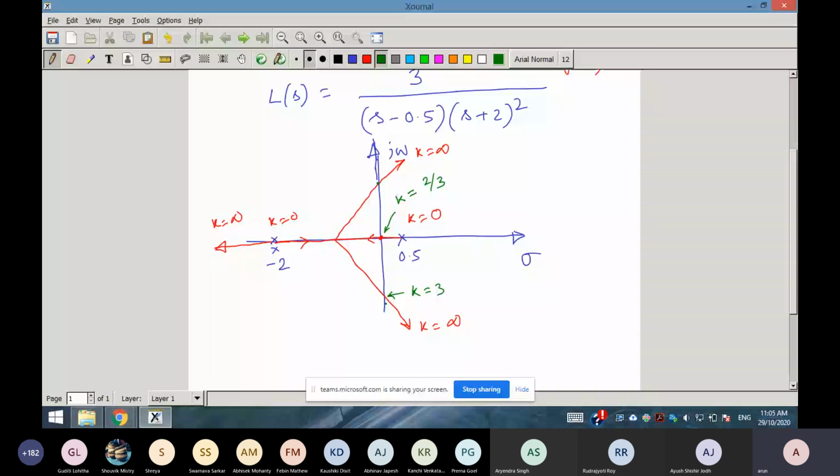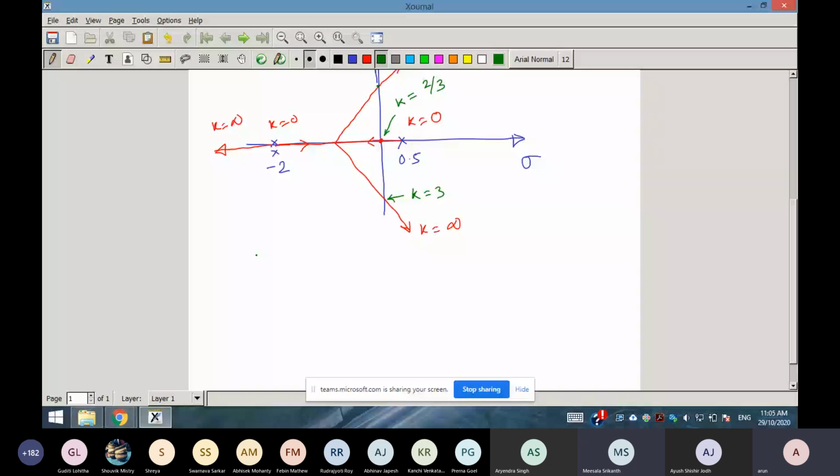So the upper side GM is 3, and the lower side GM equal to 2 by 3. In this way, using root locus, you can determine the upper side gain margin and lower side gain margin.